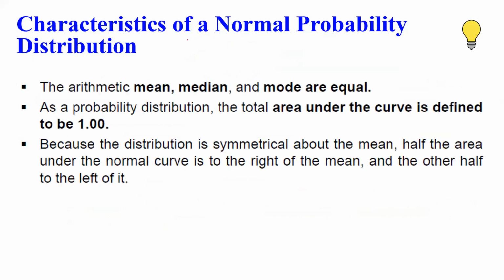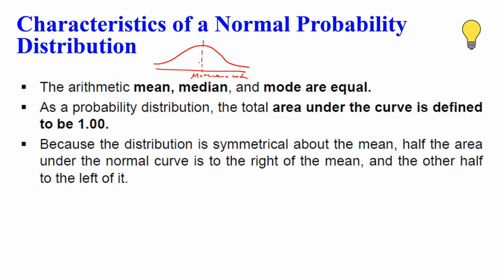In the characteristics of the normal distribution, we assume that the mean, median, and mode are all equal. The median is equivalent to the mode at the center, which is the mean value, so all are equal.